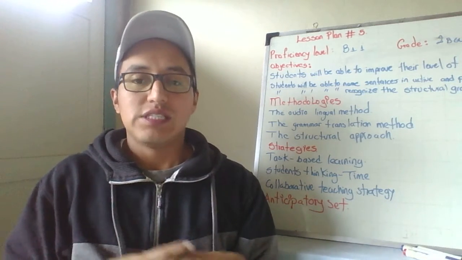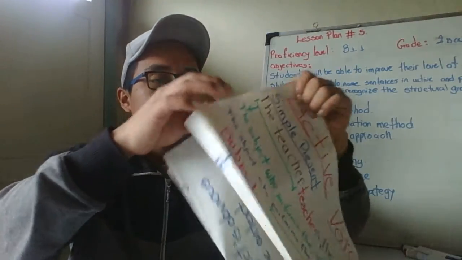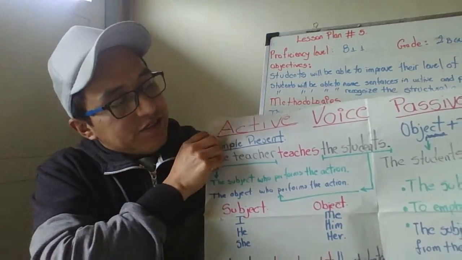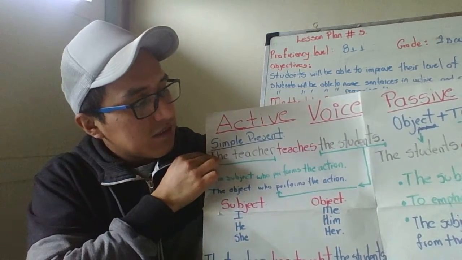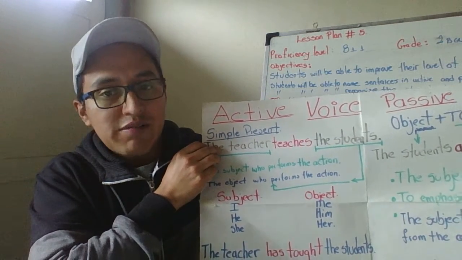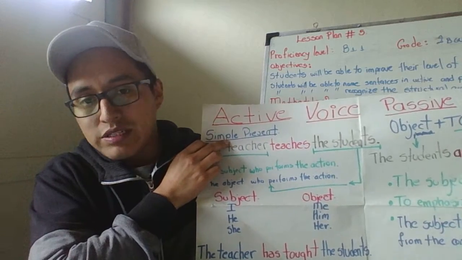Well, the first reason that I'm gonna use a poster is that I have some examples and some concepts about when we are gonna use the active voice and passive voice.